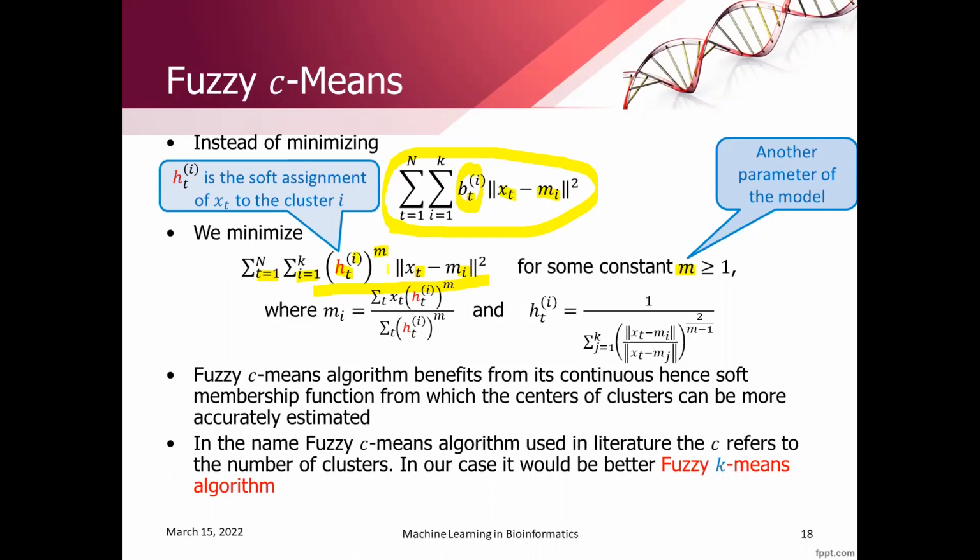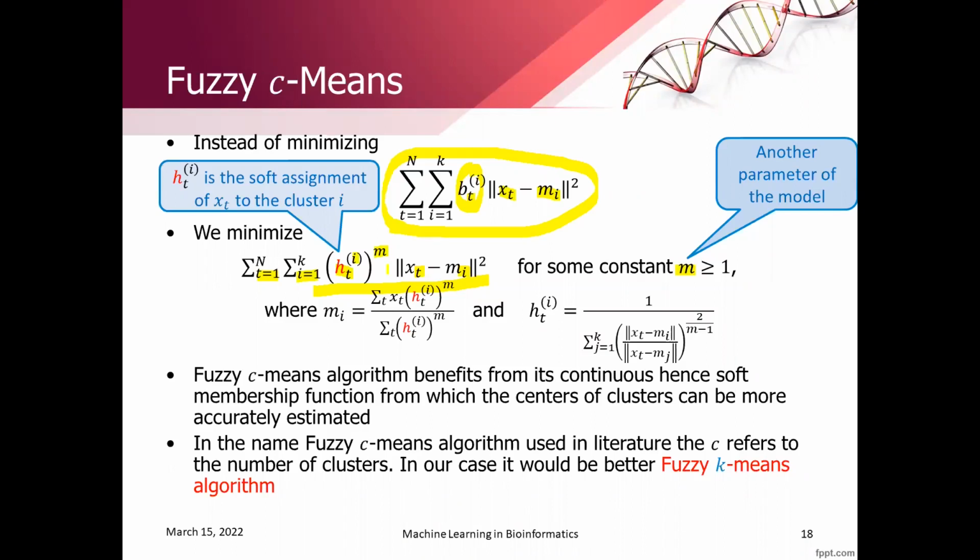And how much? If we have some assignment, let's say 0.1, 0.1, 0.8, how will it influence the value 0.1 if we compute the square?